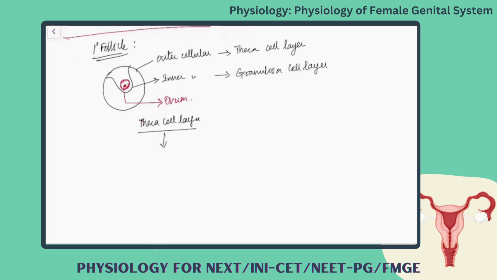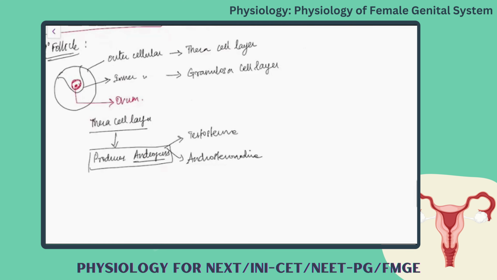Okay, so this is the primary follicle which we have, and now this theca cell layer is the one which produces the androgens. What are the androgens? Testosterone and androstenedione. Okay, so this single theca cell layer is producing two different types of hormones, totally we call them as androgens, and this process is called as two hormone theory.